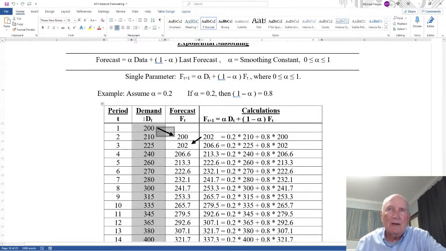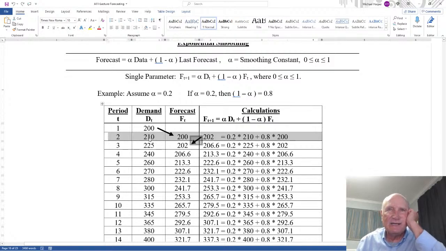Now, I'm given my demand data, I'm given my alpha, 1 minus alpha. What I don't have is my first forecast. So I have everything I need except this first forecast. Well, like I said before, I take the data in the first time period and copy it down as the forecast in the second time period. So now in the second time period, look what I have.